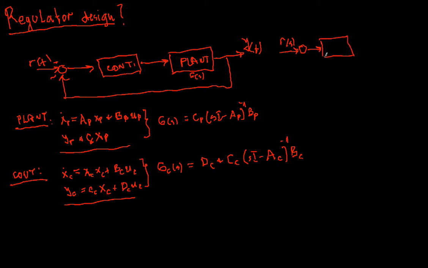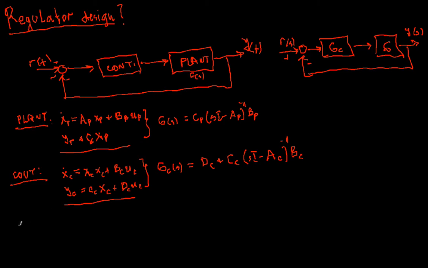In other words, we can look at the classical representation in a transfer function style, where G of c and G of the plant are given as follows. We recognize this is just our classic representation of the feedback control structure.